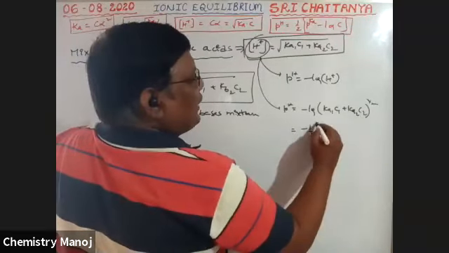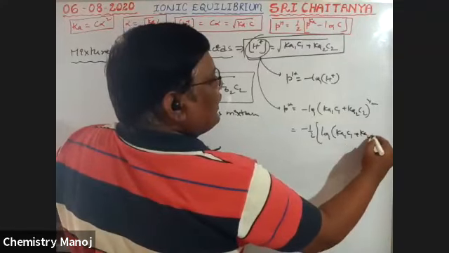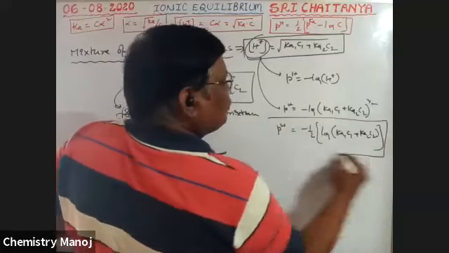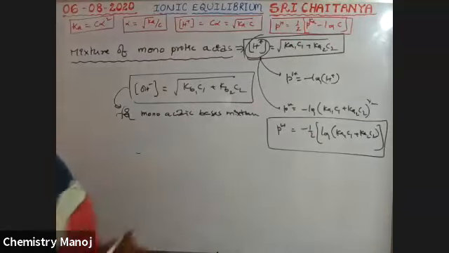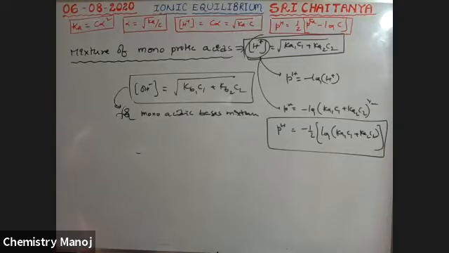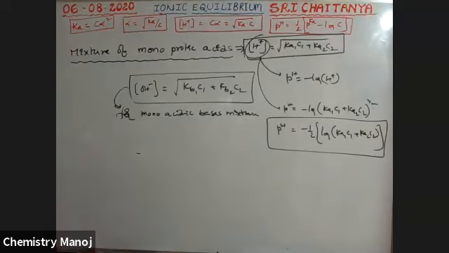So minus 1 by 2 log (Ka1 C1 plus Ka2 C2) is the pH of a mixture of two monoprotic acids. Similarly, for bases you should calculate pOH, and from the pOH you should calculate pH, which is 14 minus pOH. It is a very, very important formula. For a monoprotic acid, a single H plus should be released.